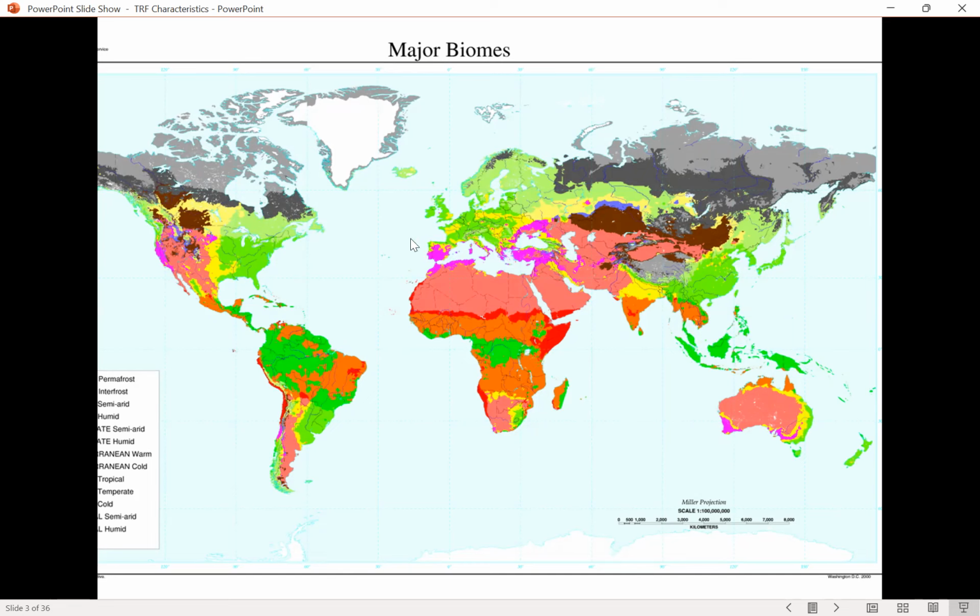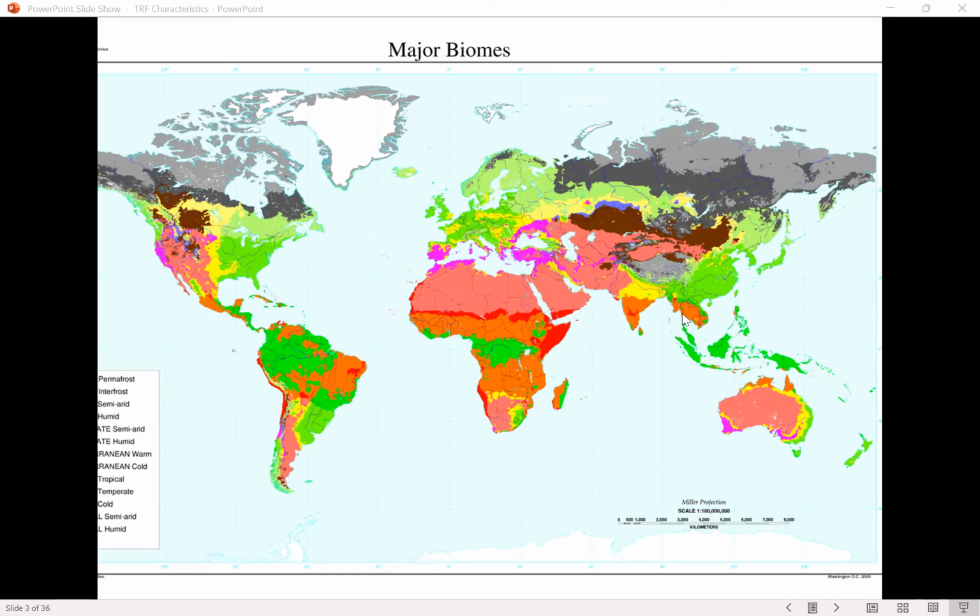We also see parts of Africa along the equator that have tropical rainforest biome as well, and we can also find it in Southeast Asia, where we find large parts of rainforest, especially in parts of Malaysia and areas like that. You will also find small amounts of rainforest in parts of Australia, but they would be very small in comparison to what we have in South America.